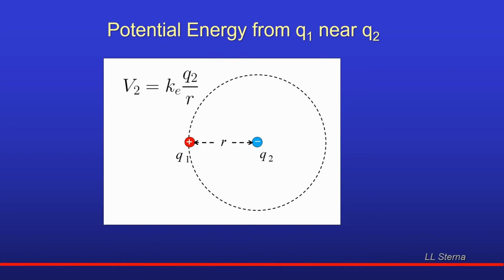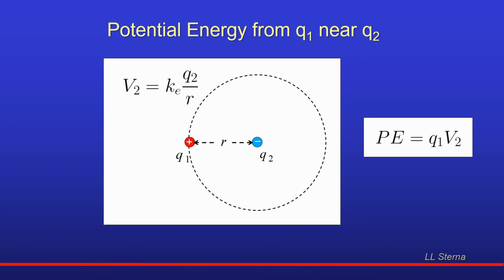We will now have a potential energy from this charge, Q1, sitting in the potential of Q2, given by Q1 times V2. When a charge is located in a potential, it has the potential energy given by the value of the charge times the potential. If you take the formula for V2 and substitute it into the equation, you get the equation of potential energy equal to K sub E Q1 Q2 over R.